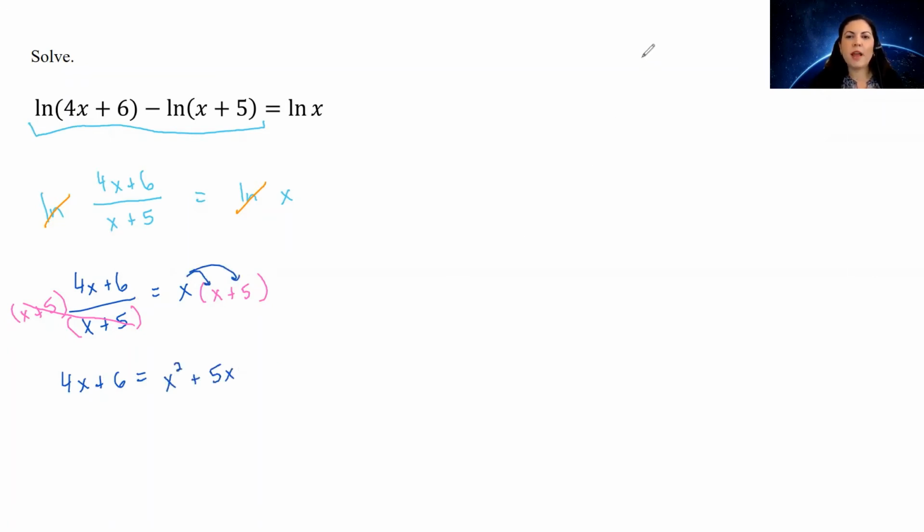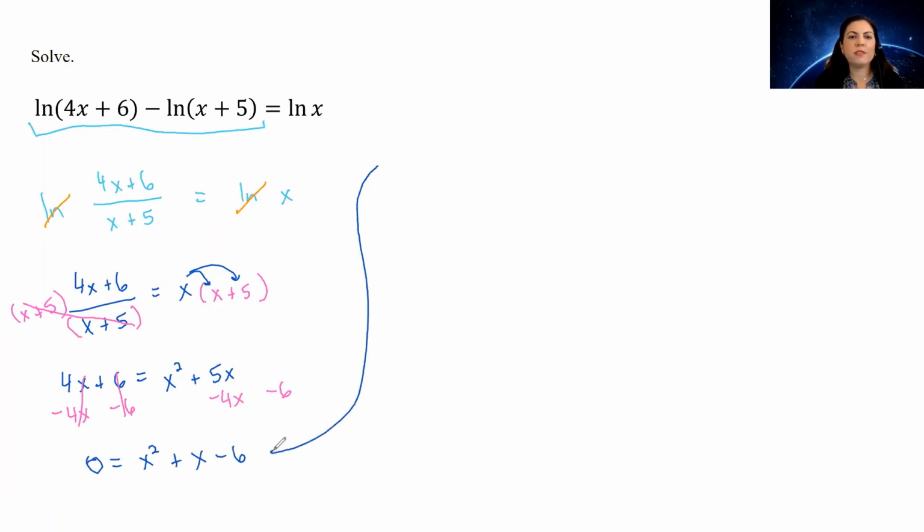Just like my last example where we had this x squared term, this quadratic, we should set this equal to 0 and see if we can solve it. So I'll subtract 4x from each side. I'll also subtract 6 so that this entire left-hand side is equal to 0. When I combine terms on the right, the 5x minus 4x is 1x and then minus 6.